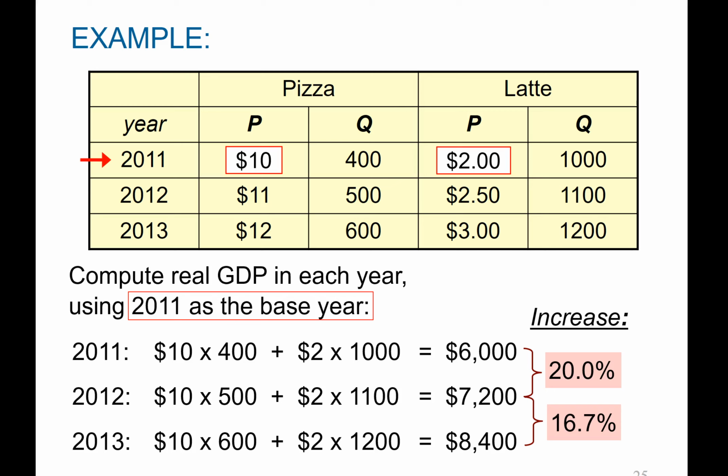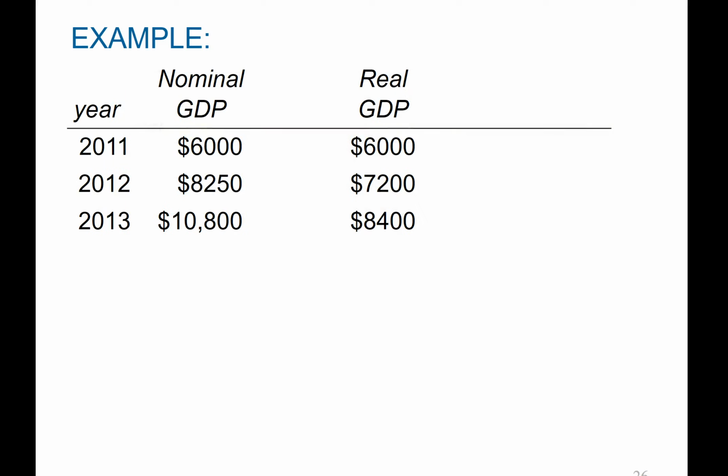We've taken inflation out of it. We're not looking at that. And now we're looking at a 20% increase in production from one year to the next. And for this 2012 to 2013, a 16.7% increase in production. And now, since we're measuring gross domestic product, it gives us a much more useful and accurate figure.